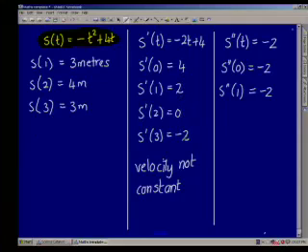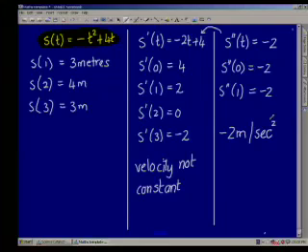Definitely not constant. But if I take my second derivative, which is the rate of change of velocity with respect to time, can you see that the derivative of this expression is now minus 2? So my acceleration is now constant, and it's minus 2 meters per second, and because it's the second derivative, we write it with a little 2.